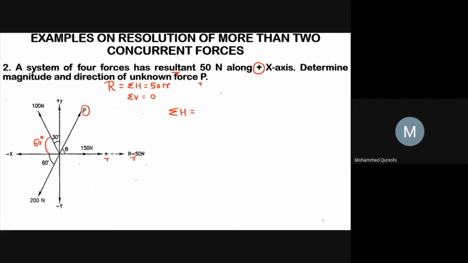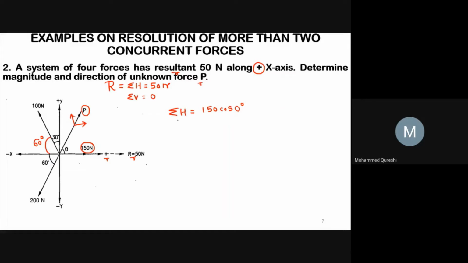Now firstly, sigma H equals, our first force is this 150. So 150 cos 0 degree, and here it will be plus. Then P has two components, P cos theta and P sin theta.